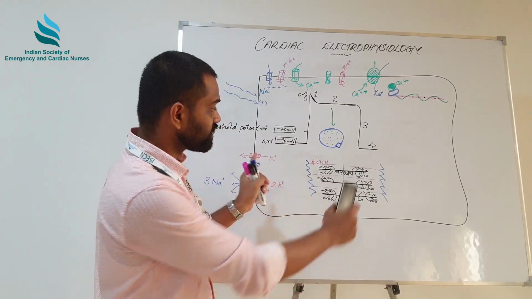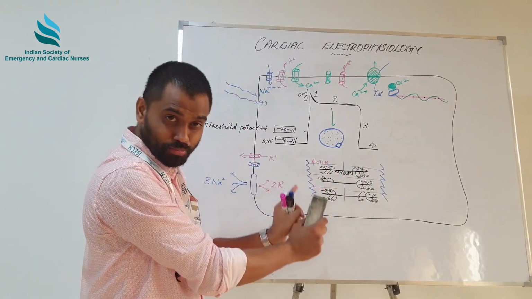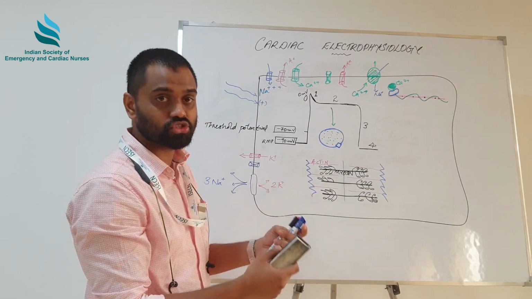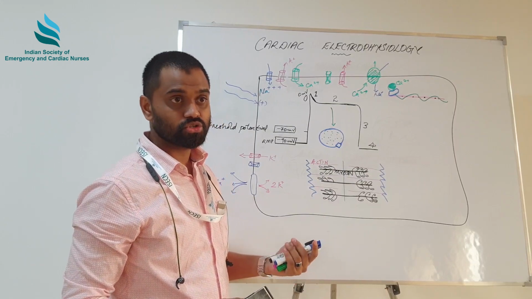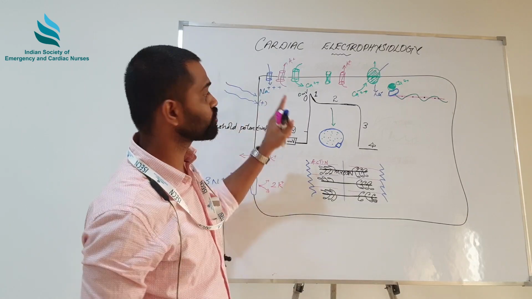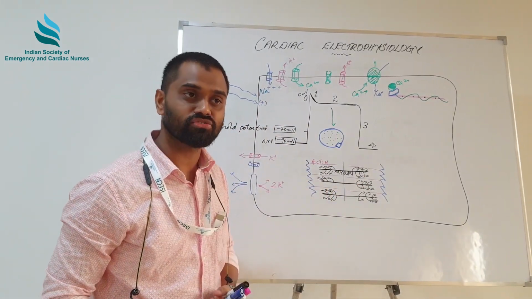This results in approximation of the Z lines of the sarcomere unit, and that results in muscle contraction, which is called electromechanical coupling. So that completes the action potential and its relation with the mechanical action of the cell.